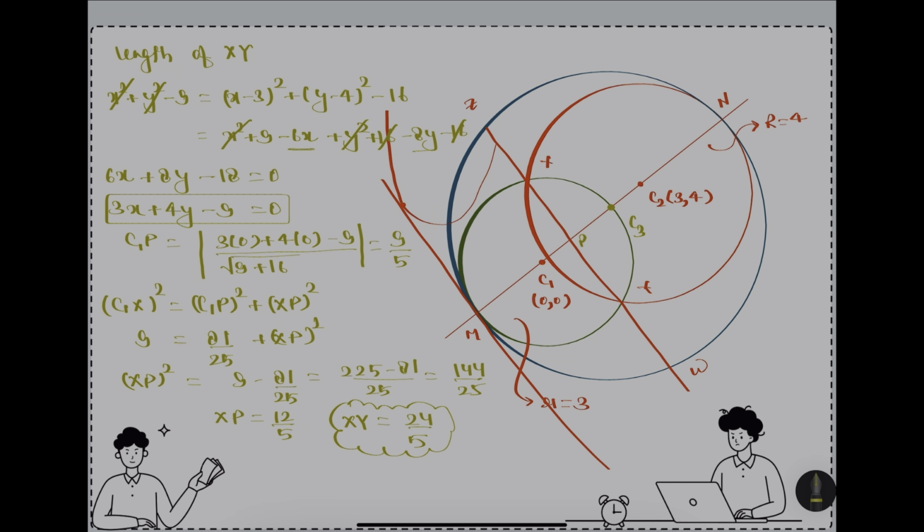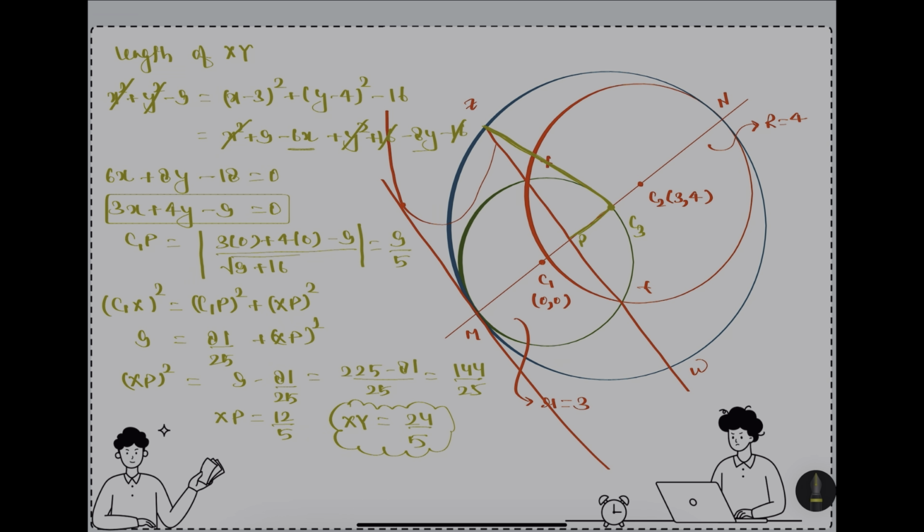Is that clear? Now similarly, to find ZW, we will take help of the bigger circle, the blue circle. I'll use this triangle. You know that this thing would be the radius of the blue circle.